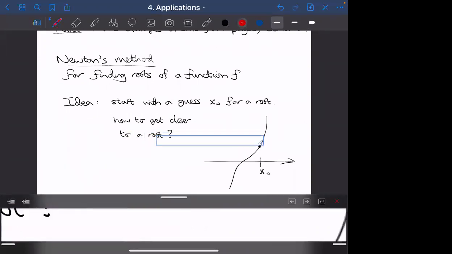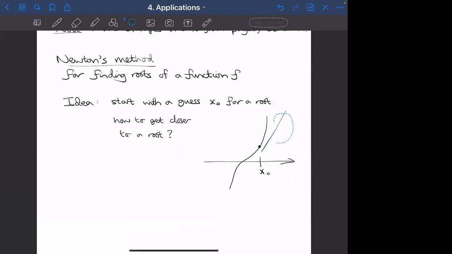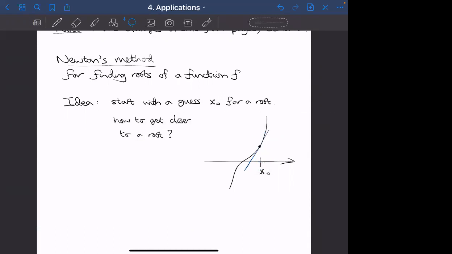So a way to find my root is to take a tangent line at the point x0, and find where that intersects the x-axis.